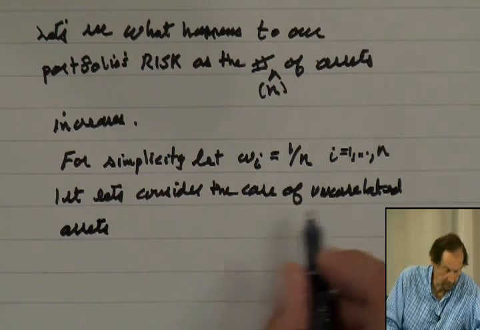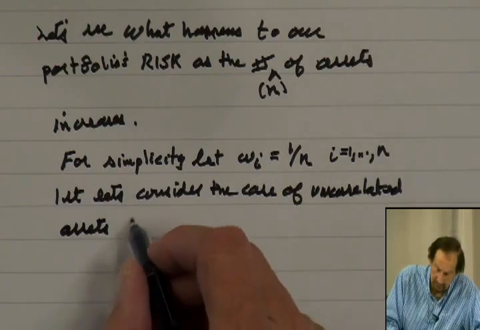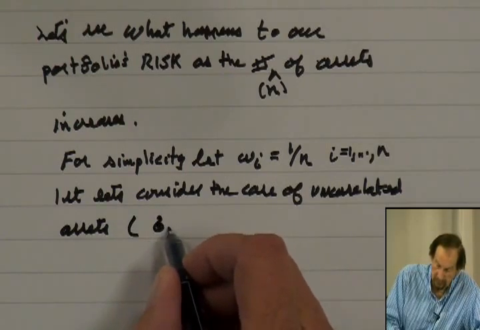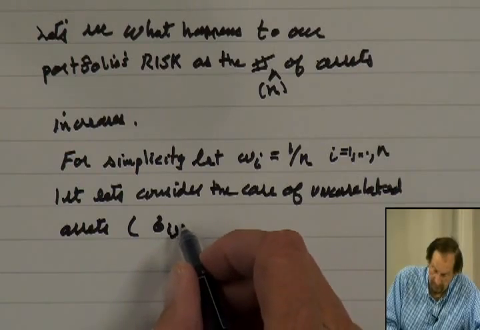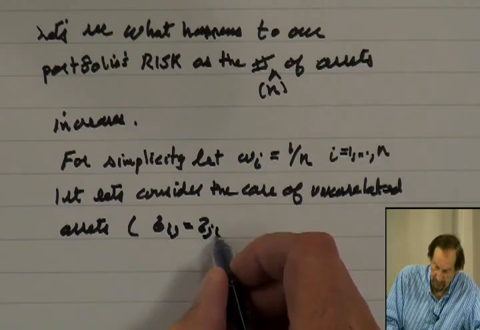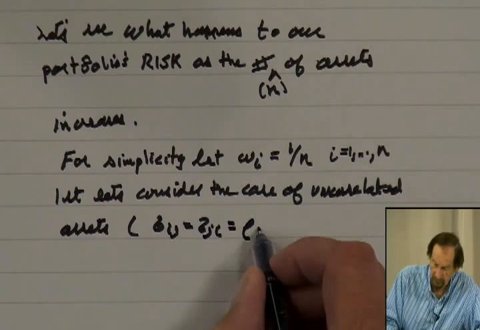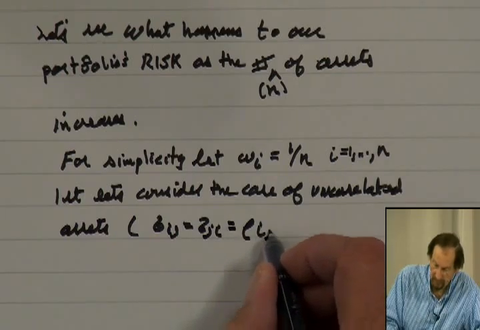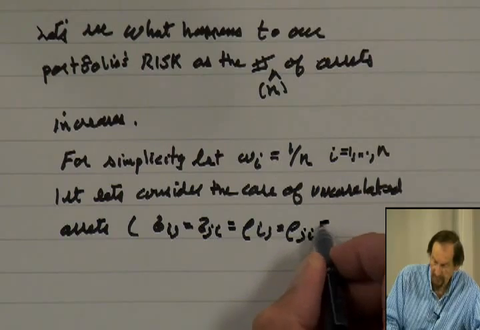Here we have rho ij equals rho ji equals 0.